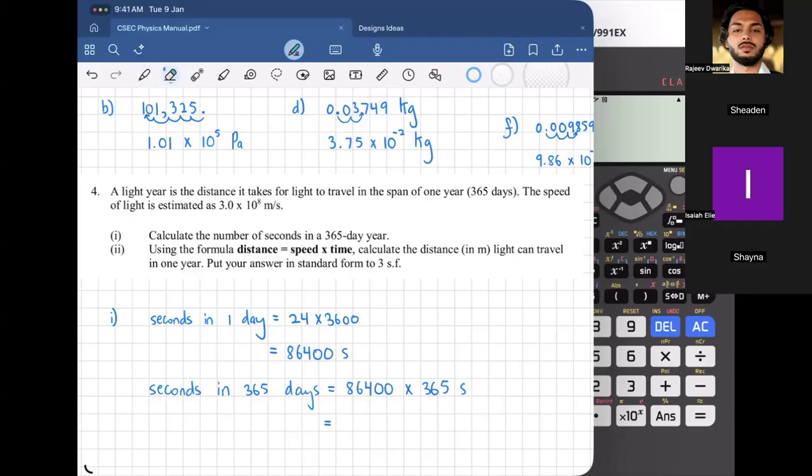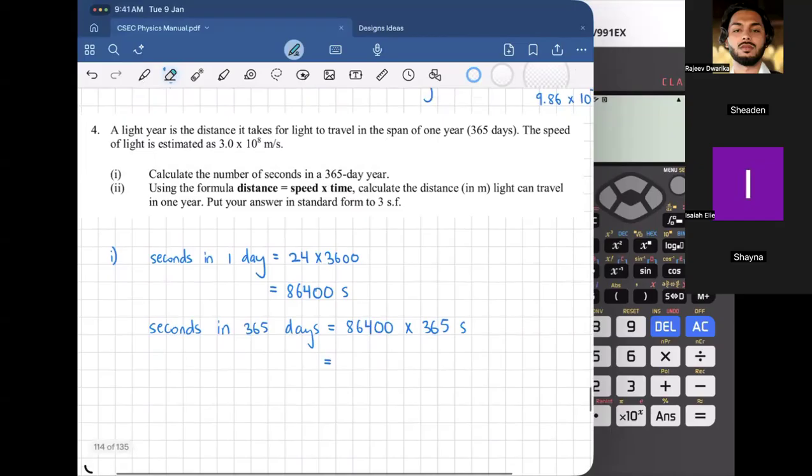All right. Isaiah, what is 86,400 by 365? 3.15 by 10 to the power 7 seconds. Yep, let me just verify that.